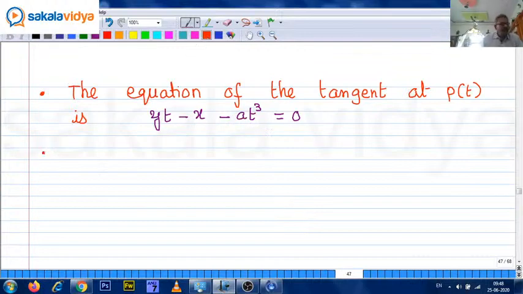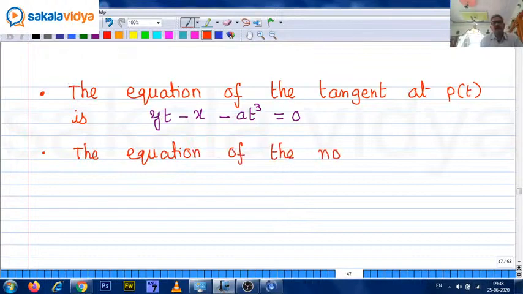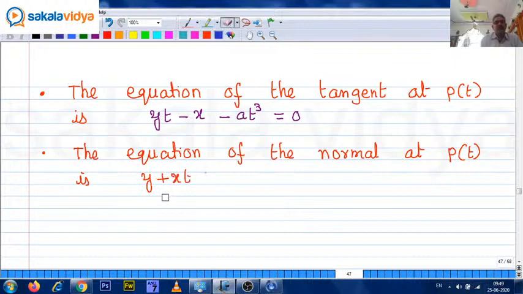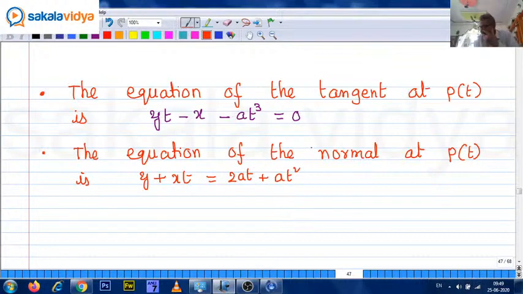Next one is the equation of the normal at P of t is y plus xt equals to 2at plus at cube, 2at plus at cube.